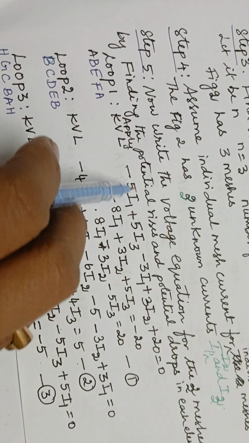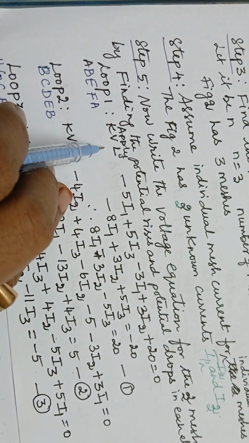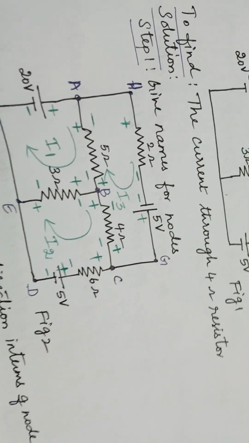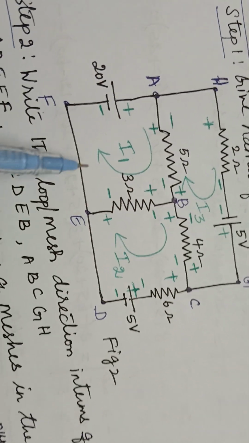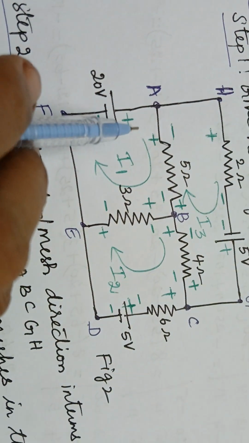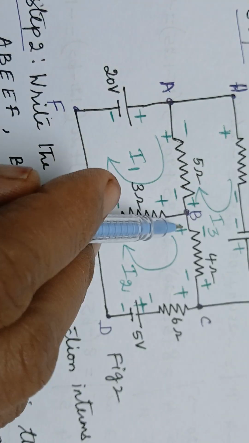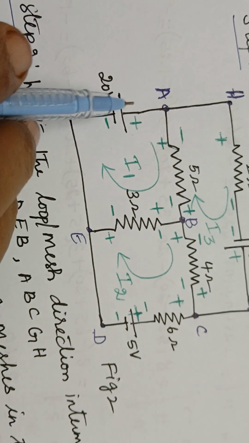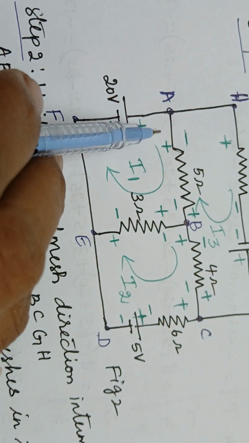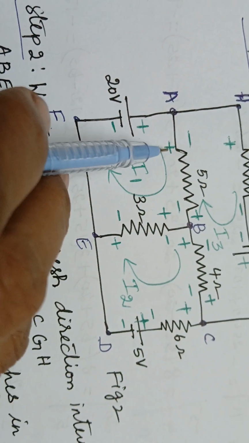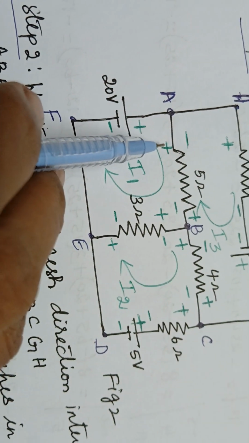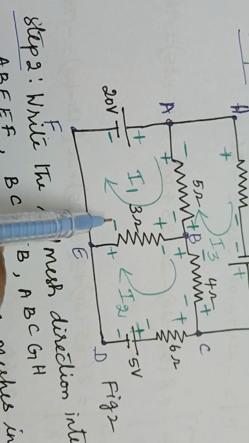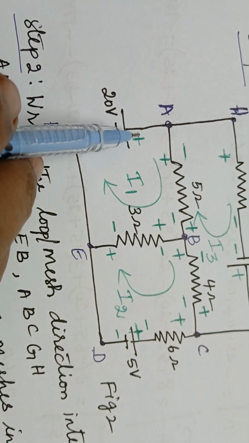So we take loop 1 first and apply KVL to it. Taking the first loop, A, B, E and F, I am assuming the polarities across the resistor as plus minus, and here minus plus.